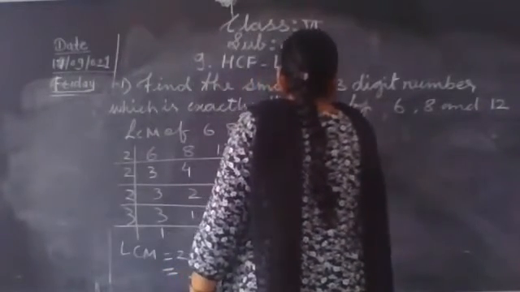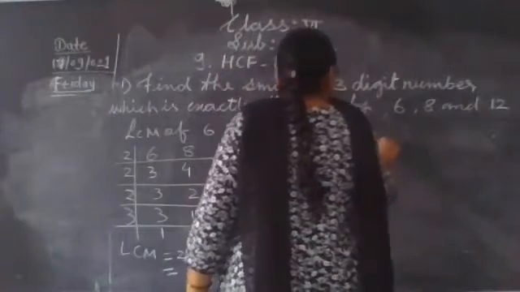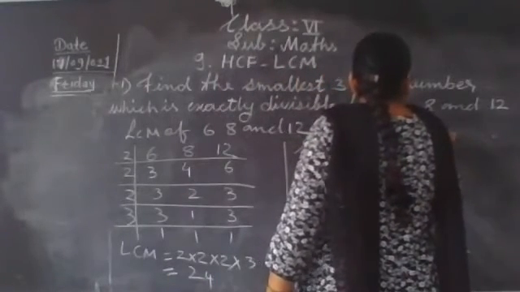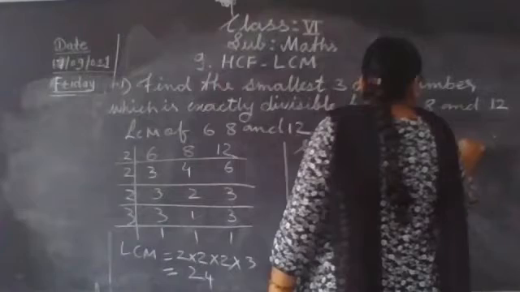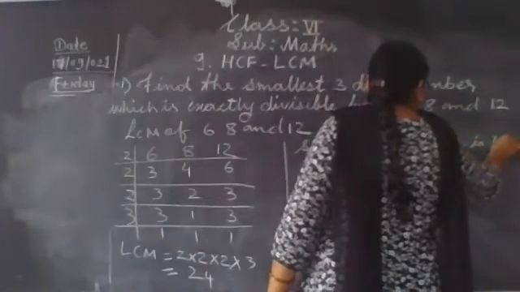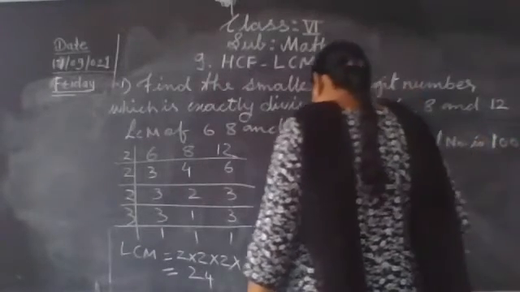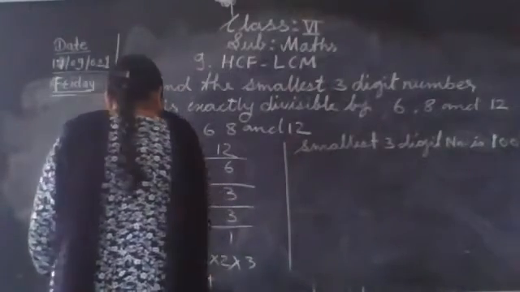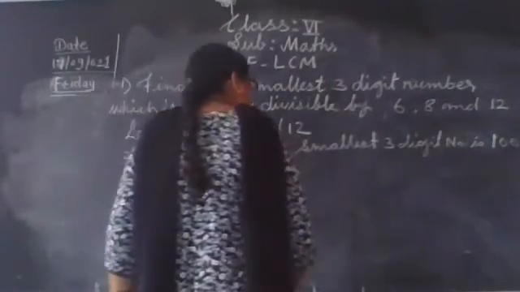Okay, so let's see. The smallest three-digit number is 100.